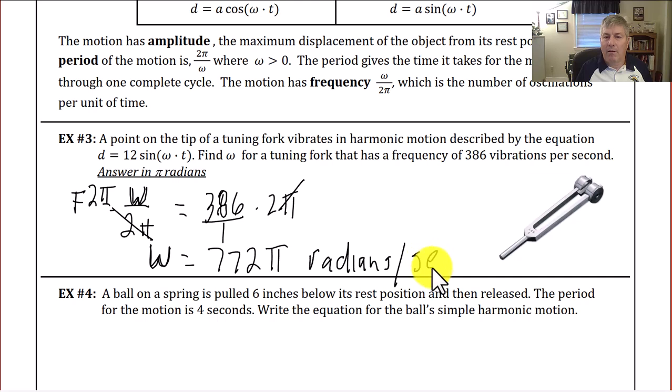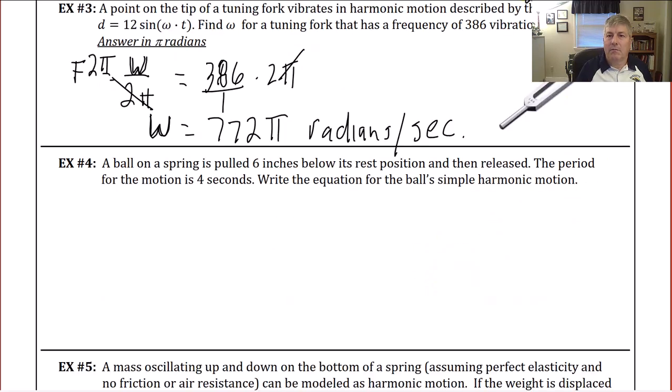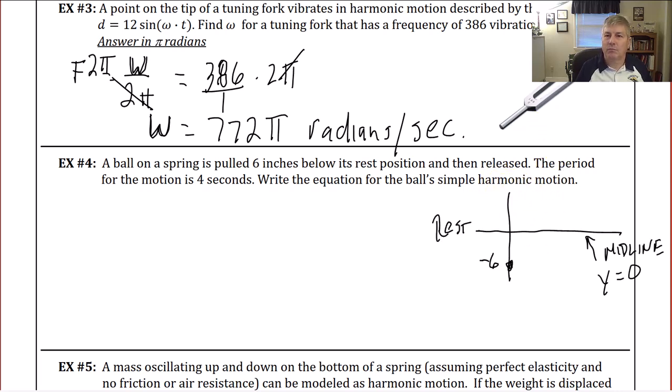per second. In example 4, a ball on a spring is pulled 6 inches below its rest position and then released. The period for the motion is 4 seconds. Write the equation for the ball's simple harmonic motion.